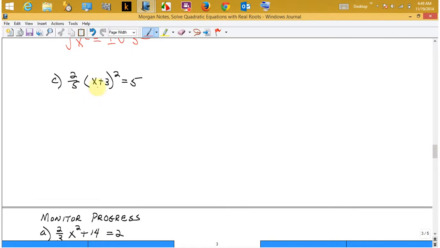Okay, the next one, we need to get the x squared alone. Notice that the whole squared piece is in parentheses, so that's as far as I could go to get that alone. So what we're going to do is multiply both sides by 5 halves to get rid of the 5 halves there. So I'm going to have x plus 3 squared is equal to 25 halves.